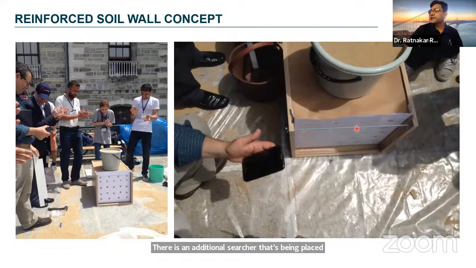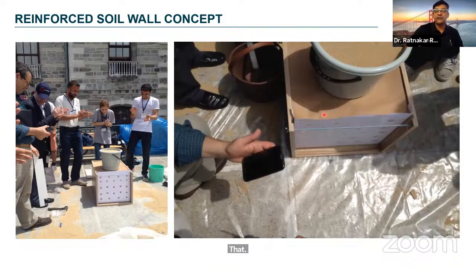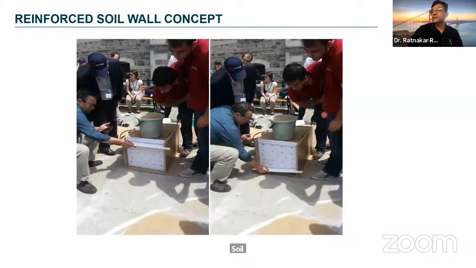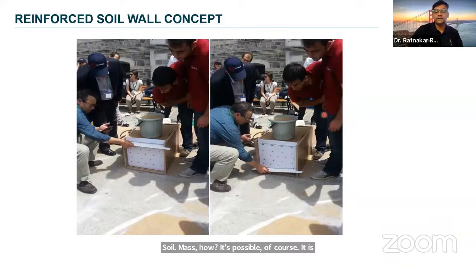You can see the sheet along with the paper strips is completely holding the soil mass. How is it possible? It is possible because of the interaction of the soil and the paper strips, so the forces from the soil are transferred to the paper strip through friction.